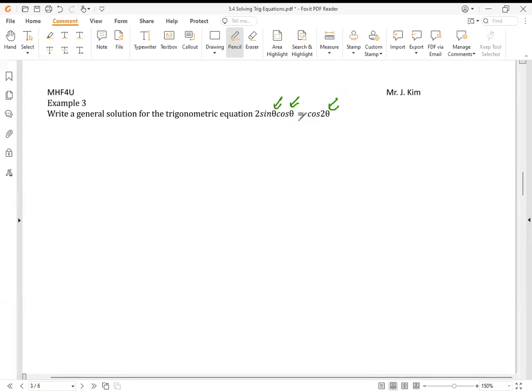That's hard, right? So we're going to get a little bit more creative. Anyone recognize 2 sine cos? Yeah, that's right. So I am going to turn this into sine 2 theta equals cos 2 theta. Remember, this is not an identity.